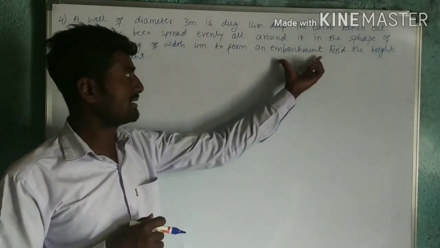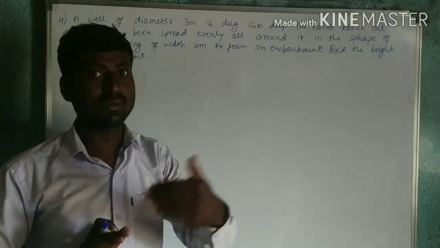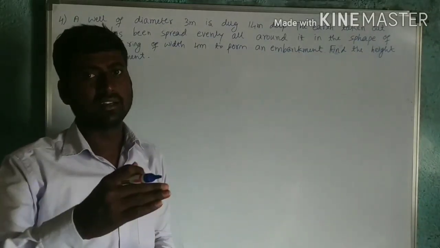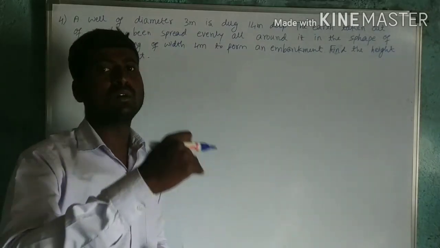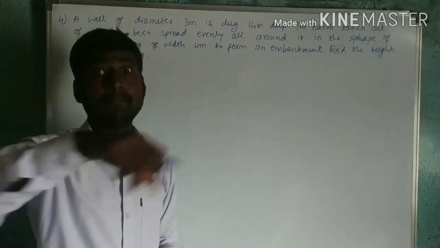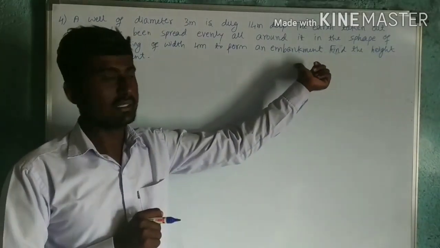Embankment is what we already use in our lands, so that the embankment won't allow the water to go out of our land.